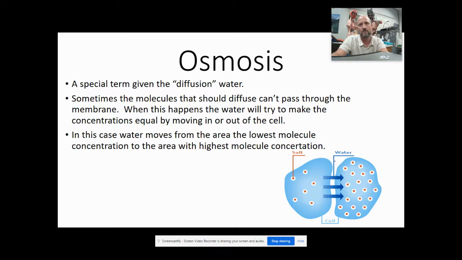So in any case, the water moves from the area of lowest concentration to the area of highest concentration. So this is opposite of the way the molecules move. Remember, molecules go from high to low. In water, the water will move from the high concentration of molecules to the low concentration of molecules. Not water molecules, salt molecules.